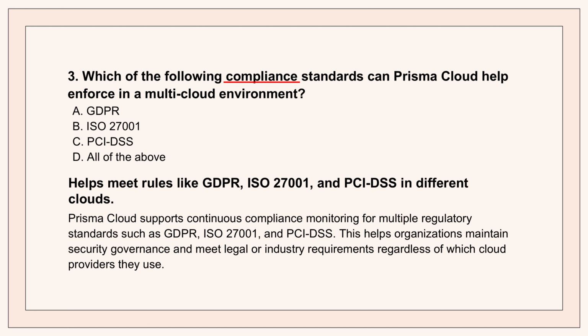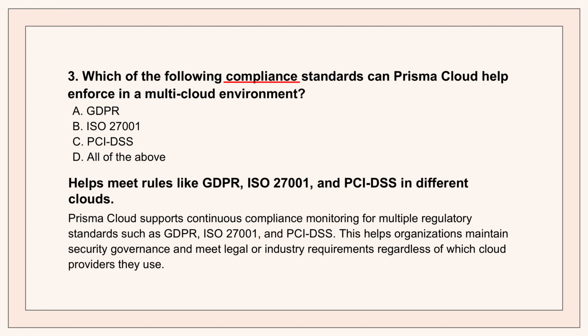GDPR, ISO 27001, PCI DSS feels like a huge amount of work, especially if you're using, say, AWS and Azure and Google Cloud. Oh, absolutely. Multi-cloud compliance is a major headache. And that's a key area for Prisma Cloud. It supports enforcing a really wide range of these standards, GDPR, ISO, PCI, HIPAA, NIST, you name it. It gives you continuous compliance monitoring across all those different clouds.